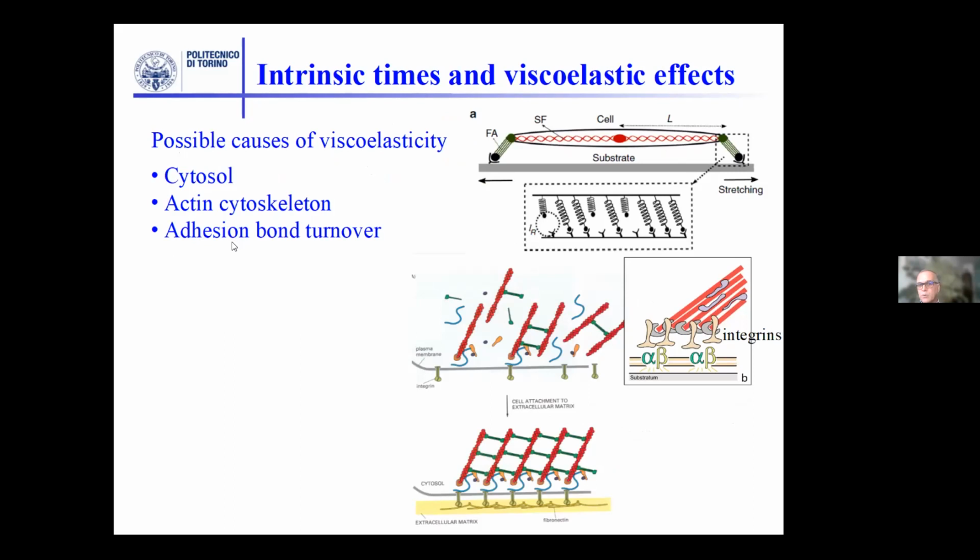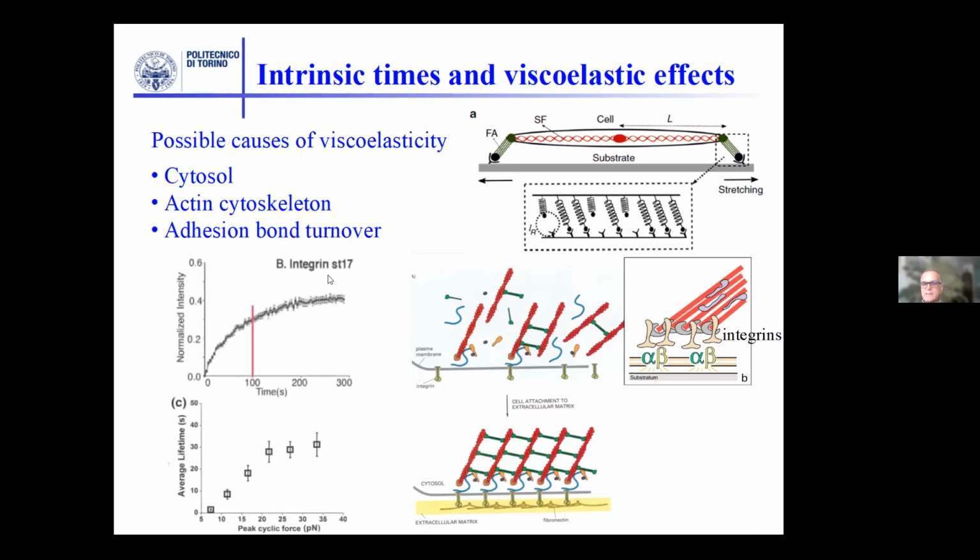And more importantly, adhesion bonds change the turnover. There is a finite lifetime of the adhesion bonds. When they are stretched, they rupture and they form new bonds. The characteristic turnover time is of the order of, say, minutes. If you compare this timing with the threshold of the period of oscillations for which this phenomenon is observed, there is some correlation, in the sense that if you stretch with a period of 1 minute, you don't see anything.